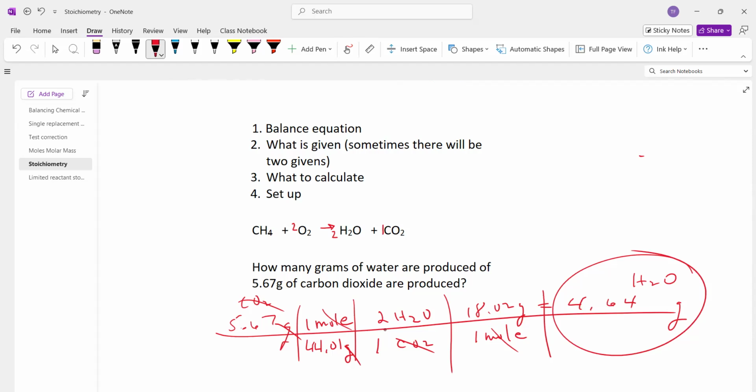Okay, again, pattern, 3 parts. Again, yeah, because we're not dealing with gases.